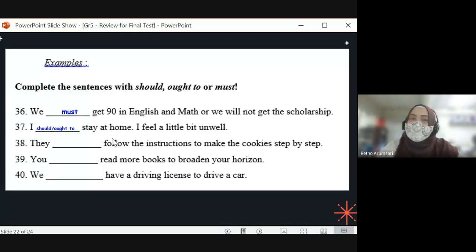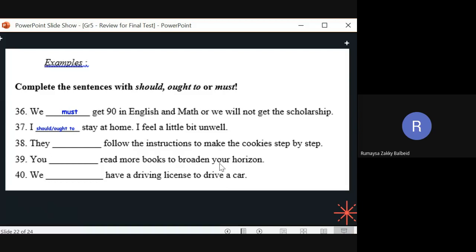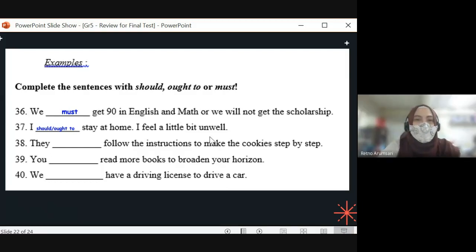That is just advice to yourself. I should stay at home. I feel a little bit unwell. But is it okay if I would still want to go to school? Yeah, it's okay. It's only a little bit unwell, right? Now, number 38. They follow the instructions to make the cookie step by step. What do you think it is?